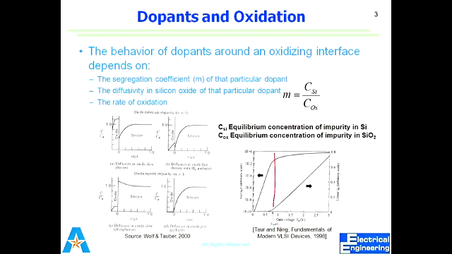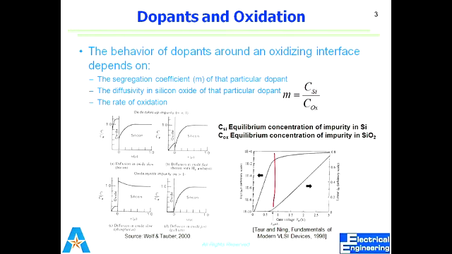First one is named the segregation coefficient, the segregation coefficient of that particular dopant or impurity. How do you define the segregation coefficient? We denote it by M, which is equal to the ratio of the equilibrium concentration of impurity in silicon to the equilibrium concentration of that same impurity in silicon dioxide.